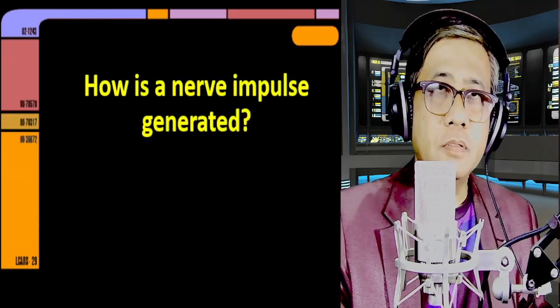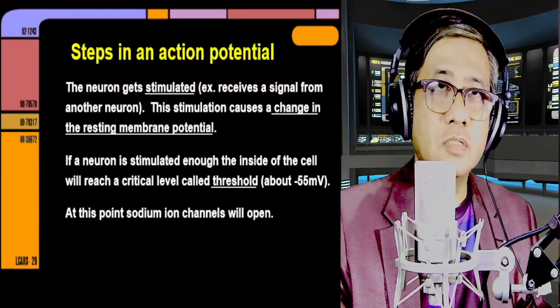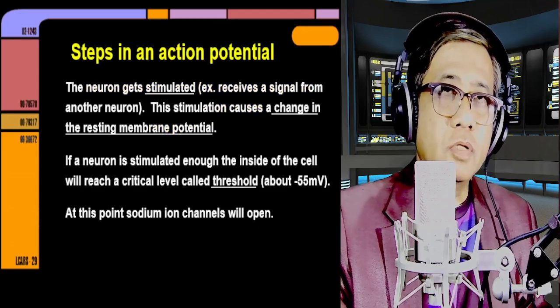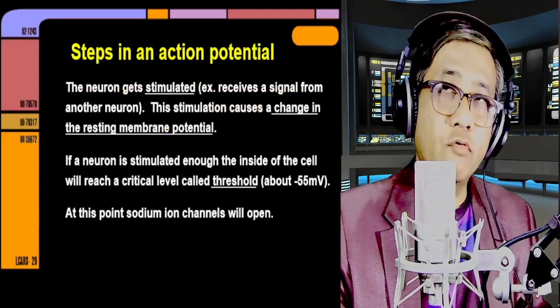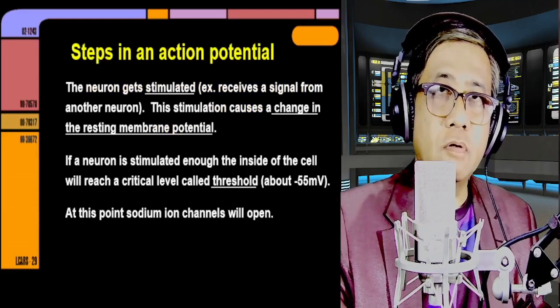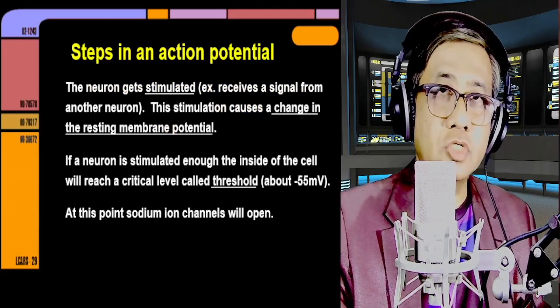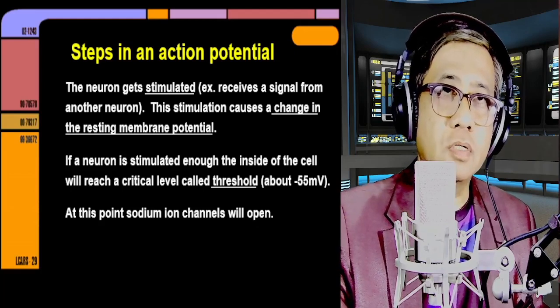A nerve impulse is generated once the neuron receives a stimulus. So the neuron gets stimulated, either by receiving a signal from another neuron. This stimulation of the neuron causes a change in the resting membrane potential.